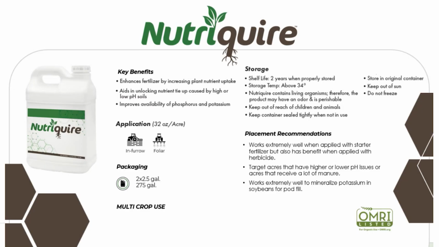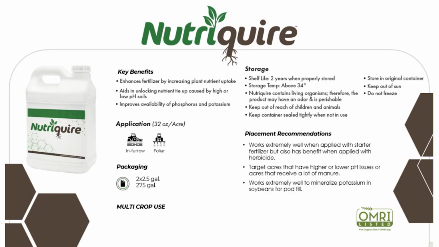It also can make phosphorus available that doesn't show up on a regular simple soil test, like it would show up on a Bray 2 test. It makes that phosphorus available to the plant, so if we're at an optimum level and you're like, man, where do I cut? You don't want to go out and bulk spread 100 pounds of DAP. NutriQuire is a product you can add in to get more out of what you already have in that profile.